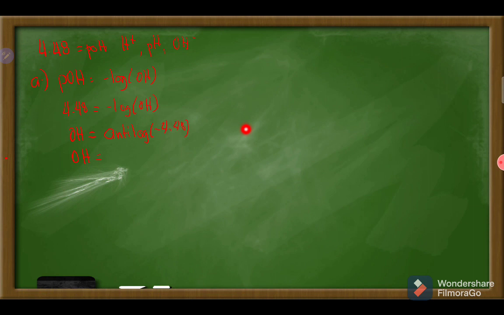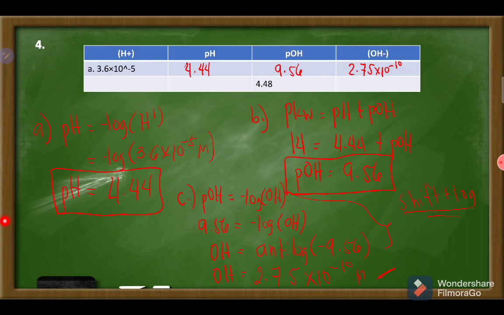The answer will be 3.31 times 10 raised to negative 5 M. Next, we have here the OH, 3.31 times 10 raised to negative 5. Let's input that here, in molarity.